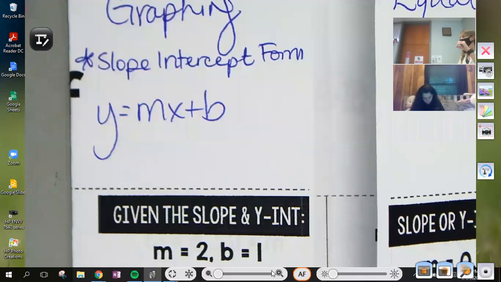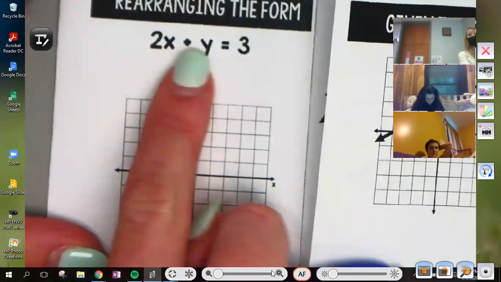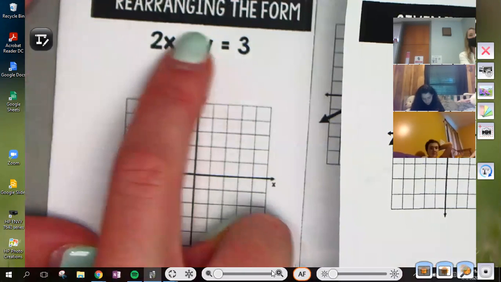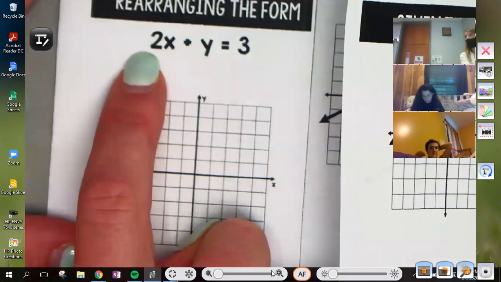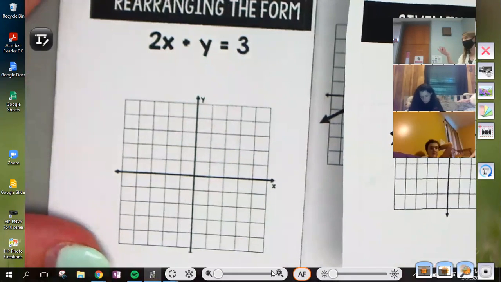If your equation is not set equal to y, you cannot graph it. So if it looks like this down here on your little paper, it's not set equal to just y. It has a bunch of stuff on the same side as y. We can't graph that, okay? You have to do something to it first so that you can. And we'll talk about that here in a second.